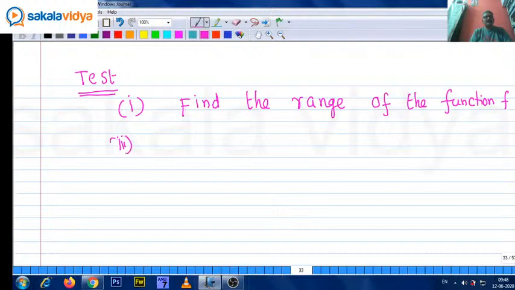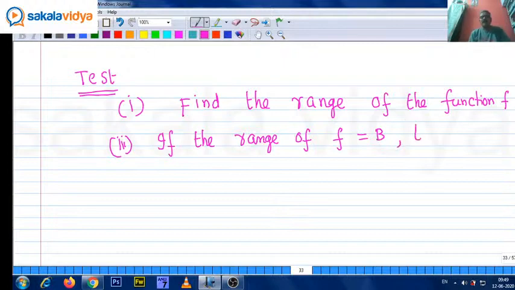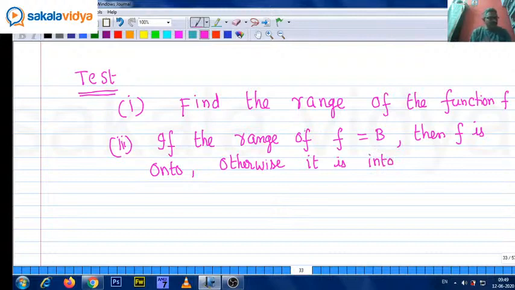Second point, if the range of f equals B, the codomain, already told you, then f is onto, otherwise into. So this is the test we need to conduct.